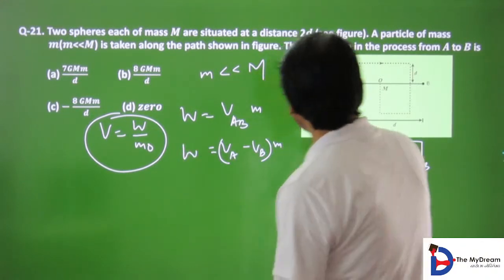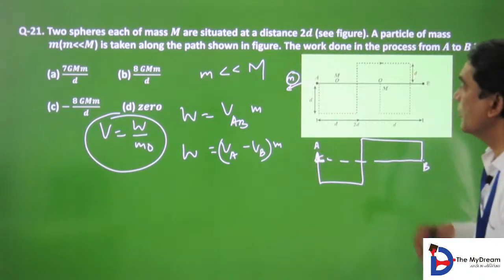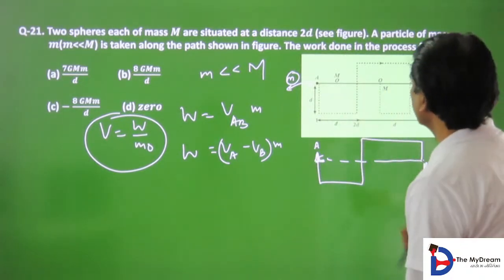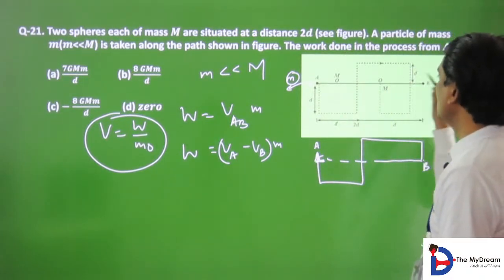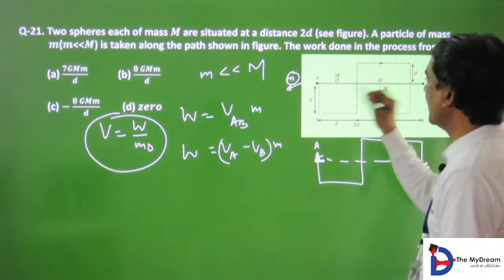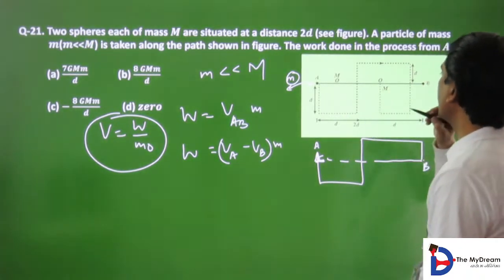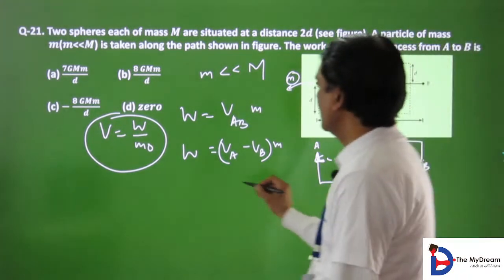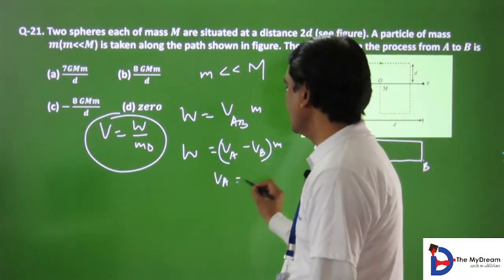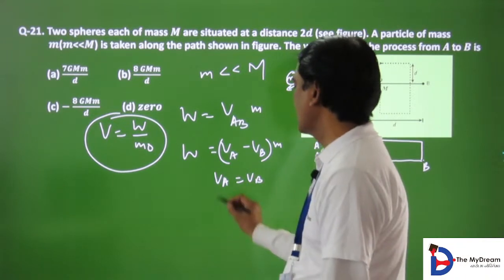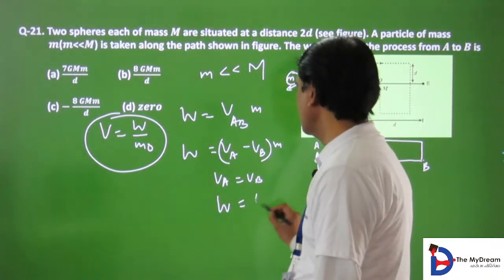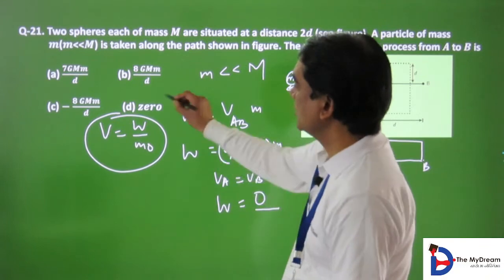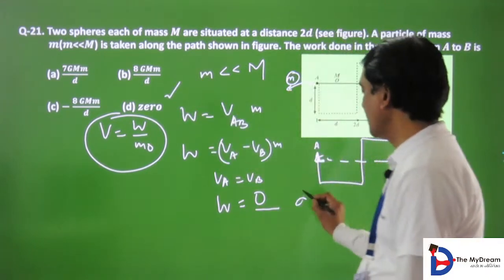But my dear, potential at A due to the spheres and potential at B due to the spheres, then VA is equal to VB. So W is equal to 0. Yes, option D is correct.